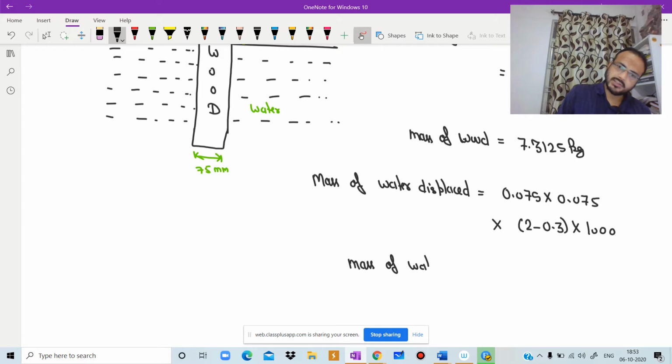So mass of water displaced will be equal to 9.5625 kg.